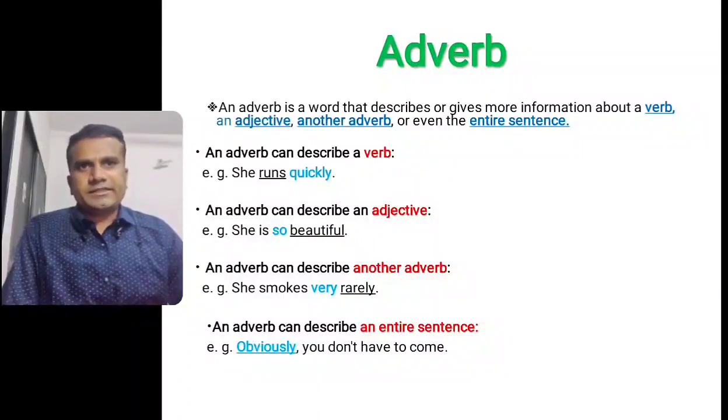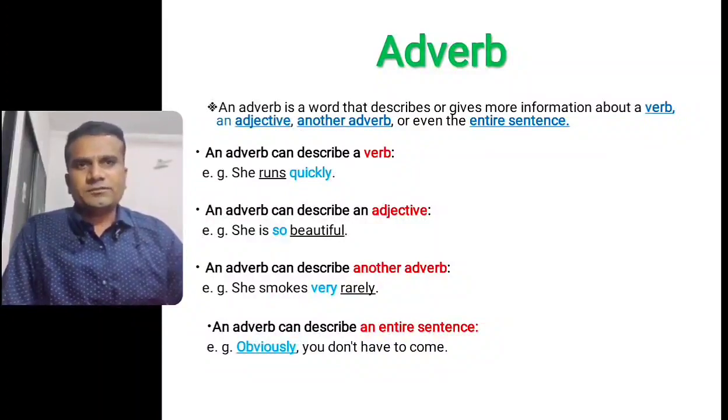In the next sentence, you will see that beautiful is an adjective and so is an adverb. In the sentence, she is so beautiful, so that is an adverb gives more information about beautiful, that is an adjective. In the next example, she smokes very rarely. In this example, you will find that there are two adverbs.